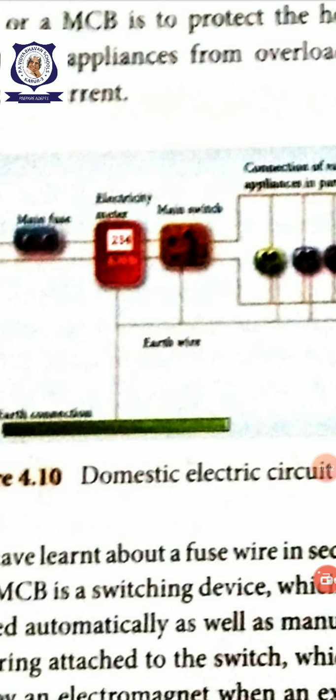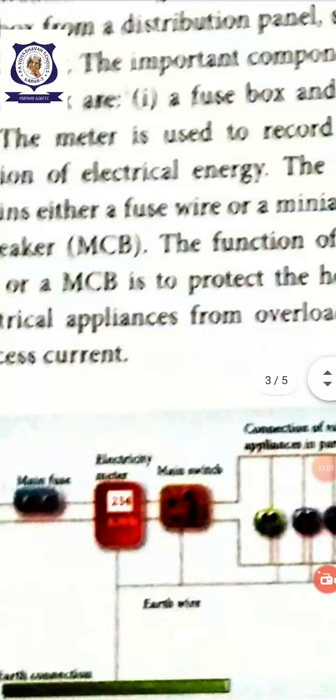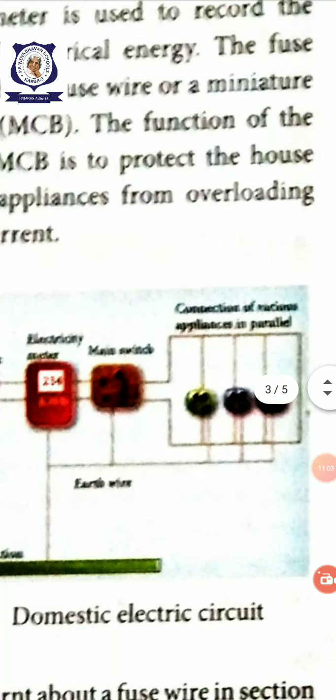It has a low melting point and high resistance, so it easily melts and breaks the circuit. So the remaining circuit will be in the safe zone. For that purpose we are using fuse carriers, and we also call it MCB, miniature circuit breaker.